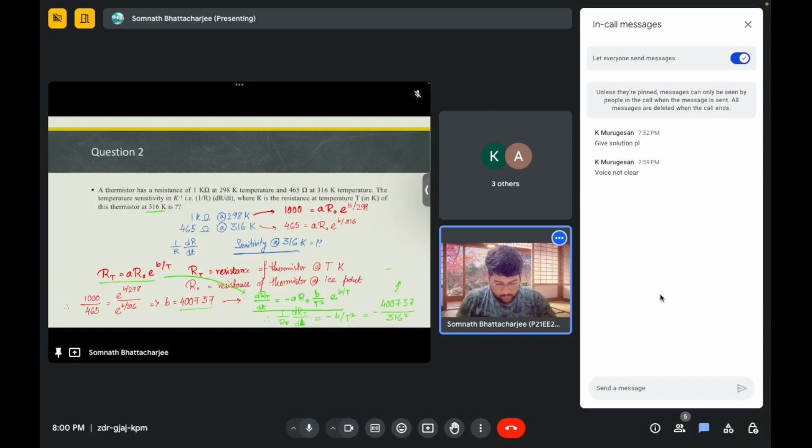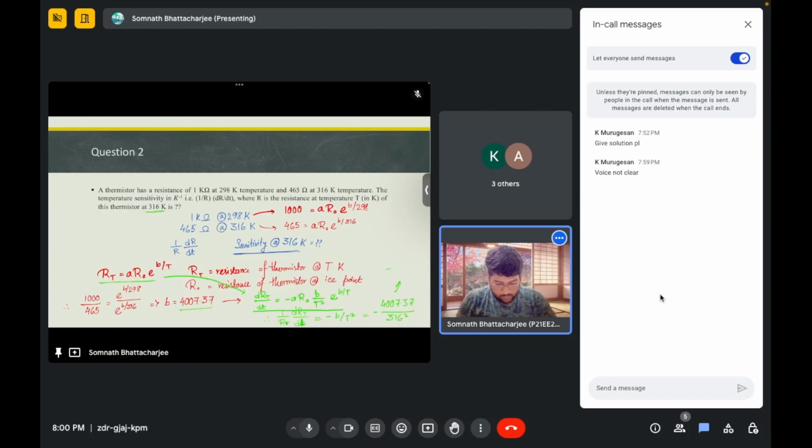Okay, so move to the next question. Which of this is true and which of this is false? Which one is the true one? Which one is the false one? Let's talk about the first one first. Thermistors are inexpensive and rugged.